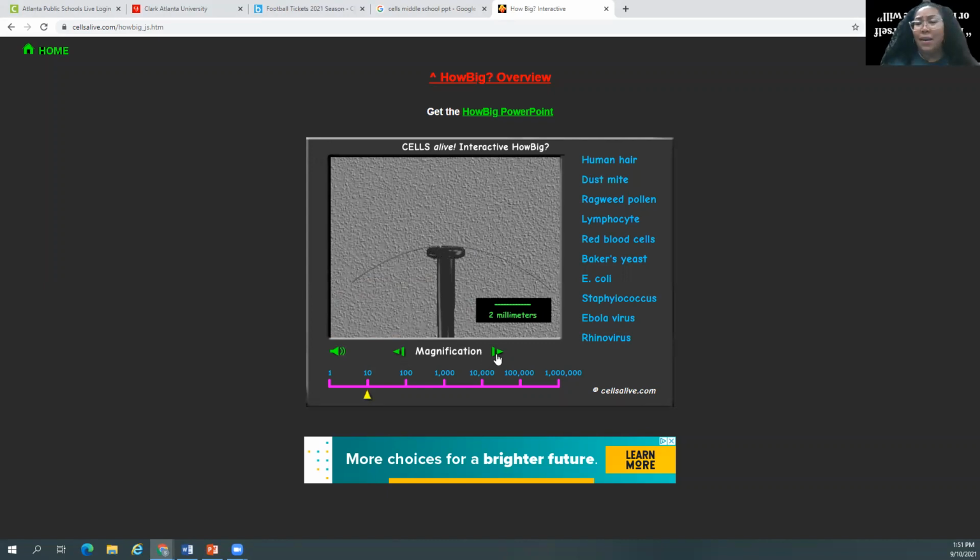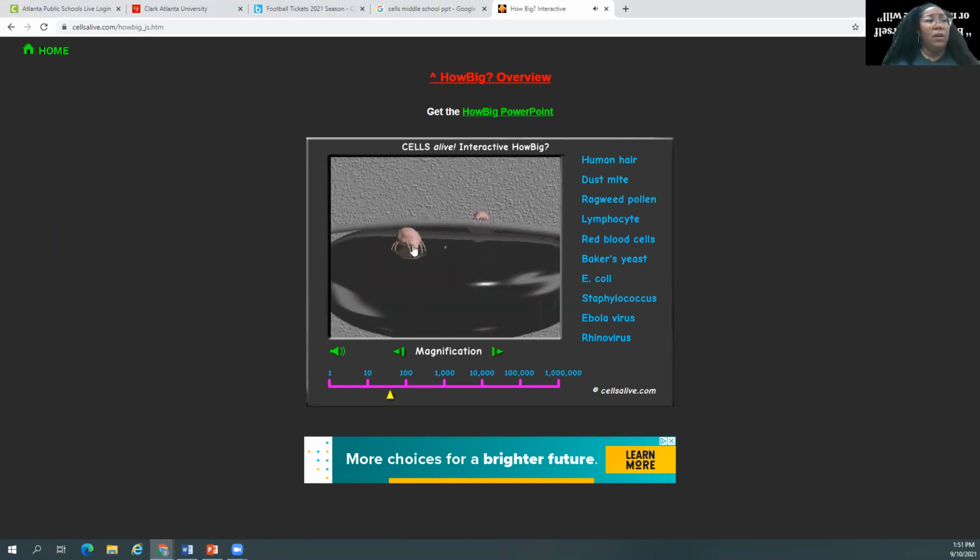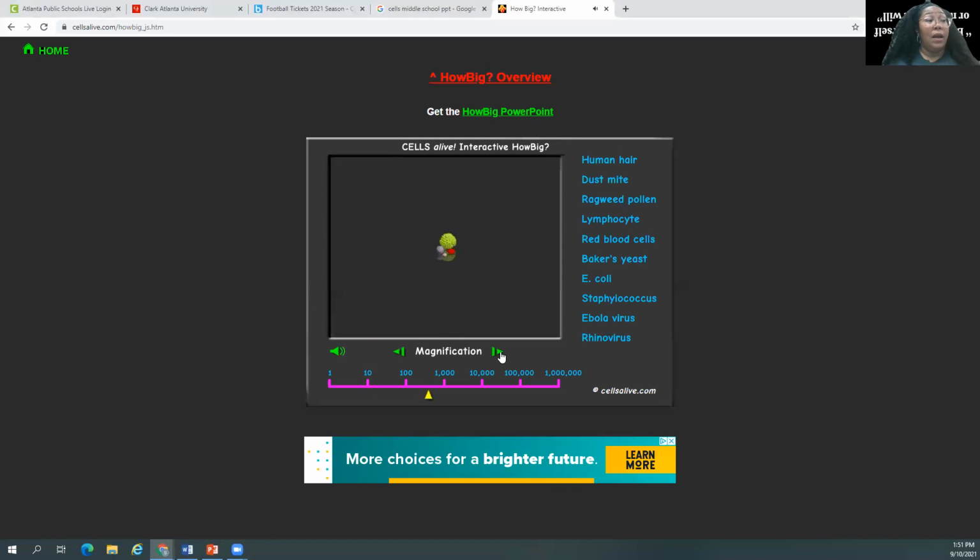Well, let's go ahead and magnify it some more. Let's look a little bit deeper. Now look, this is a dust mite. A dust mite is very, very small. So now we are really looking in. Let's go in deeper, as if we're magnifying it even more. Now we have all of these different little clusters of things, which is the ragweed pollen, okay?